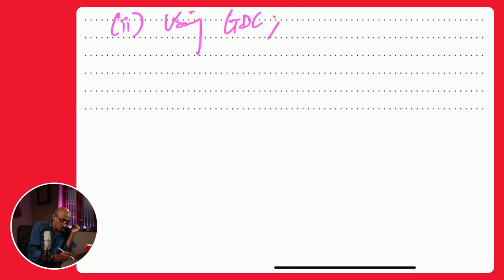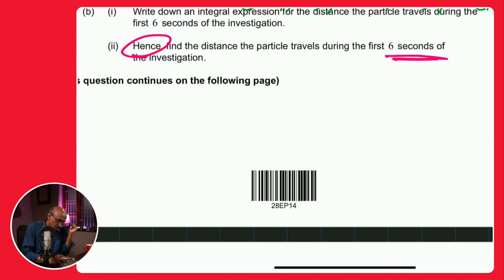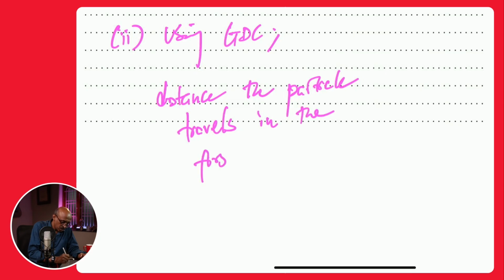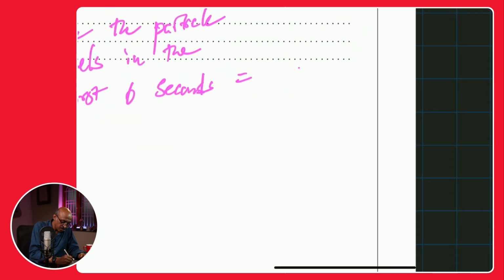So I'm just going to write down using GDC, the distance the particle travels in the first 6 seconds is, again, write down that integral 0 to 6, because you need to show how you got it.